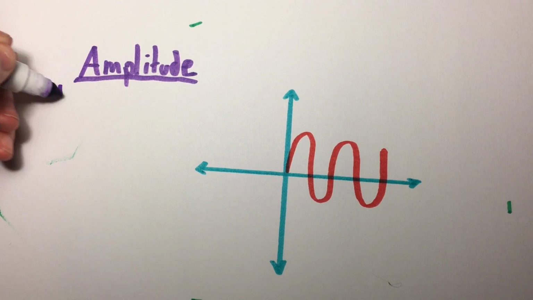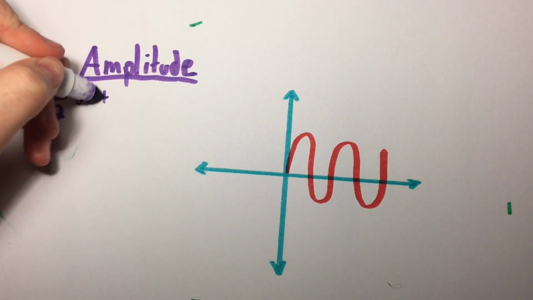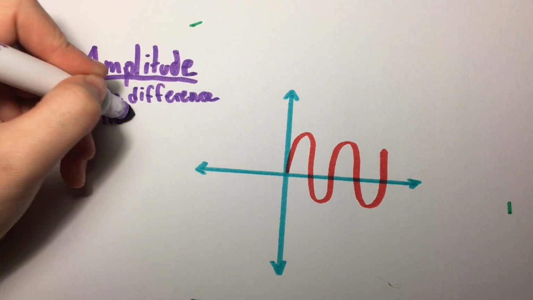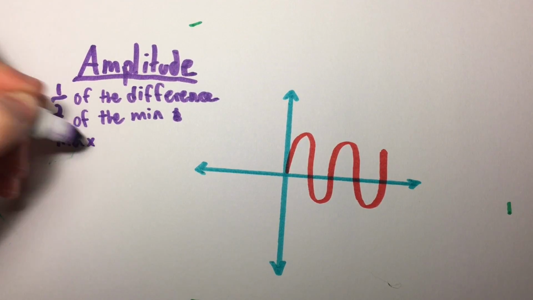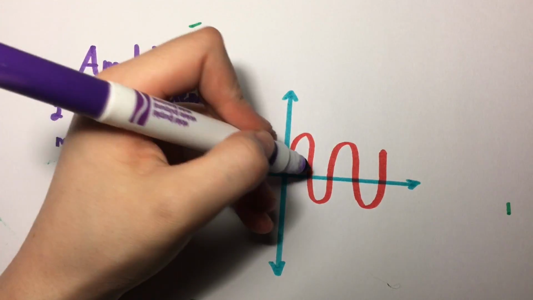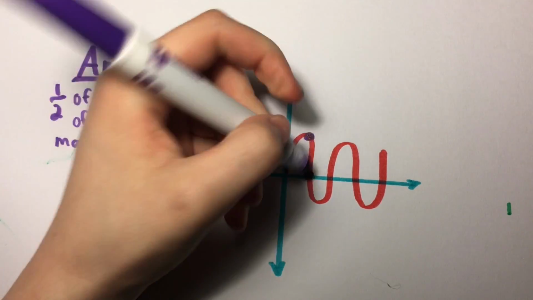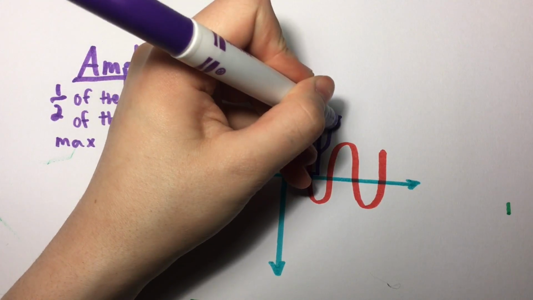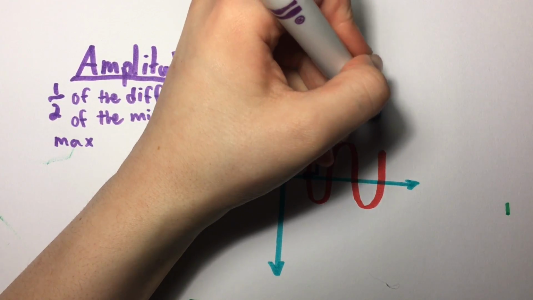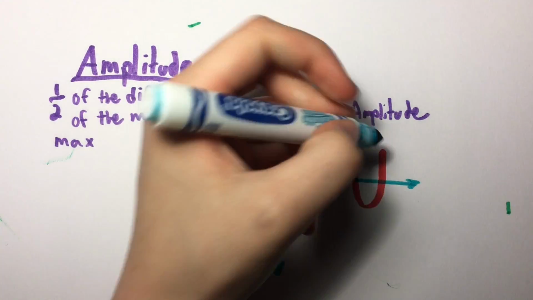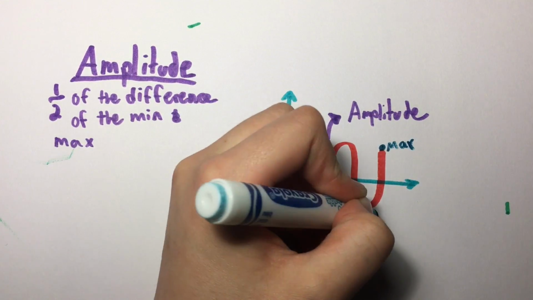Each wave has the same length or height, and it can be found by taking 1/2 of the difference of the minimum and maximum of your graph. The minimum and the maximum, as you can see here, are basically the highest and lowest points that the graph hits. You can also find the amplitude simply by looking at how many units above the x-axis the highest point is.